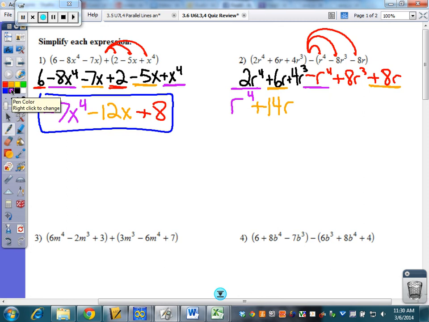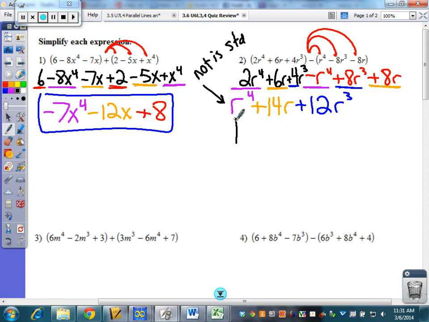And then the last one, we have 4r cubed plus 8r cubed is 12r cubed. Now, this is not in standard form, because when we write it in standard form, we have to have the degree of each monomial from greatest to least.